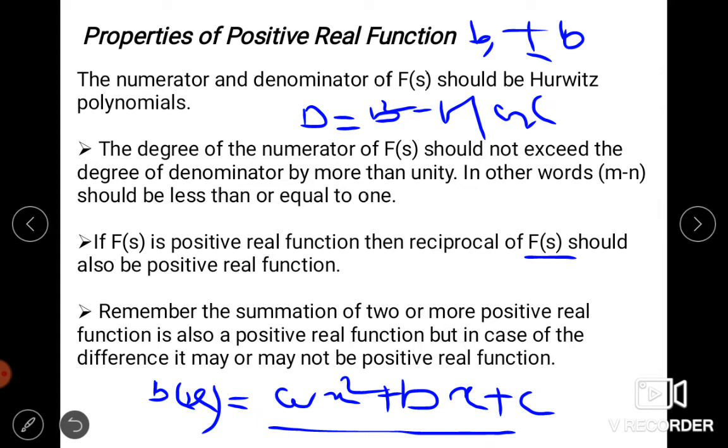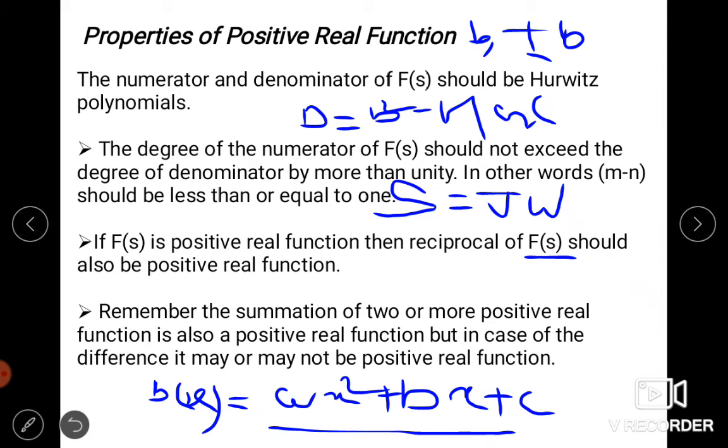And the third one: if we substitute s equal to jw and separate the real and the imaginary part, the real part of the function should be greater than or equal to 0, means it should be non-negative.